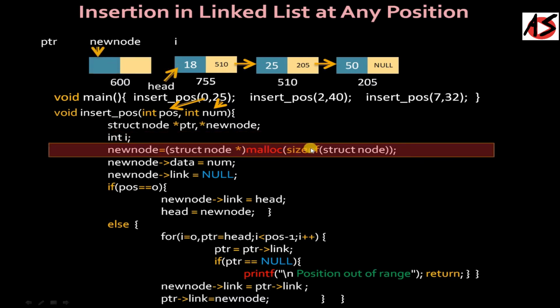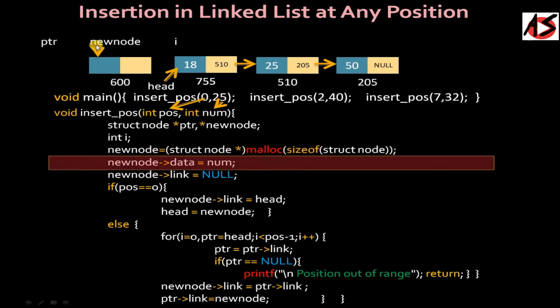Now we are allocating the memory to the new node. Here you can see memory is allocated on address 600, and it's called the new node. In the new node data part, we will store the number. The number is 25, so 25 will be stored in this part.